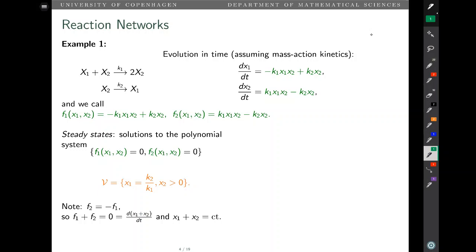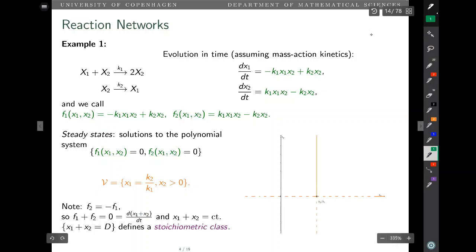So what can I do with this? With this, I build the so-called stoichiometric classes. And this constant will depend on the initial condition of my system. So say that I start with a certain quantity of x1 and this quantity of x2, just to make my life easier.